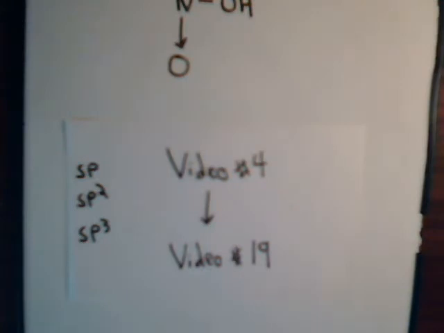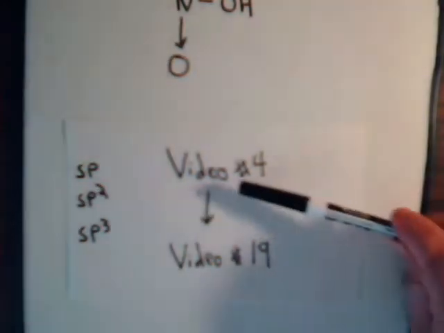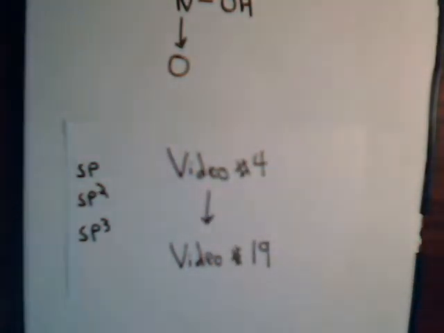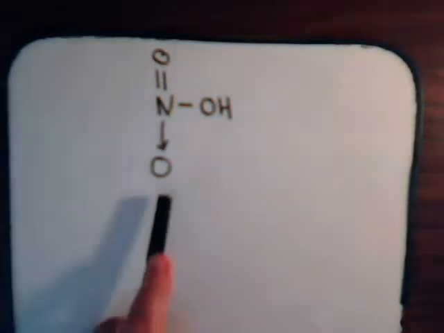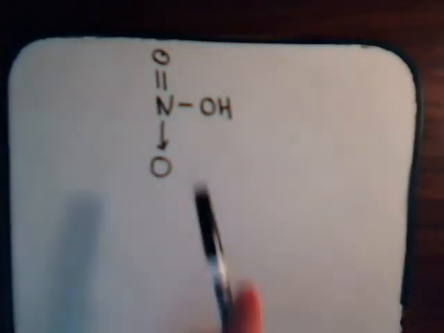Resonance is a very important concept in organic chemistry, and we tried to show many examples of different types of resonance systems. Now, remember back in video 14, when we first started talking about nitric acid, this is the structure. It has that covalent bond here between nitrogen and oxygen.